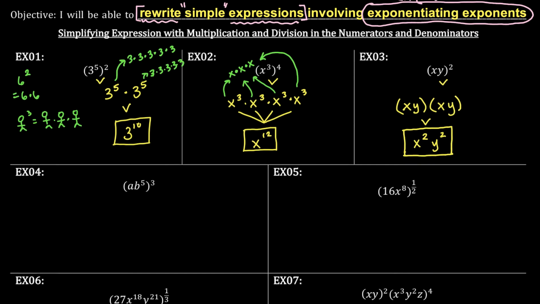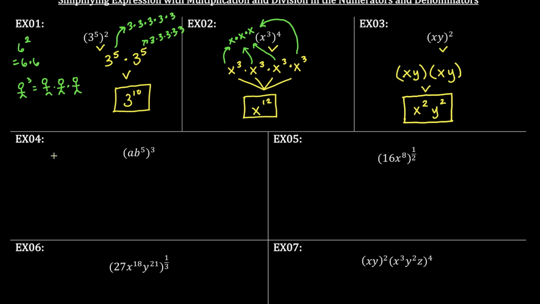And let's look at the next example. So example 4, ab to the 5th to the 3rd power. This means ab to the 5th times ab to the 5th times ab to the 5th. Yeah, there's 3 of them, right?